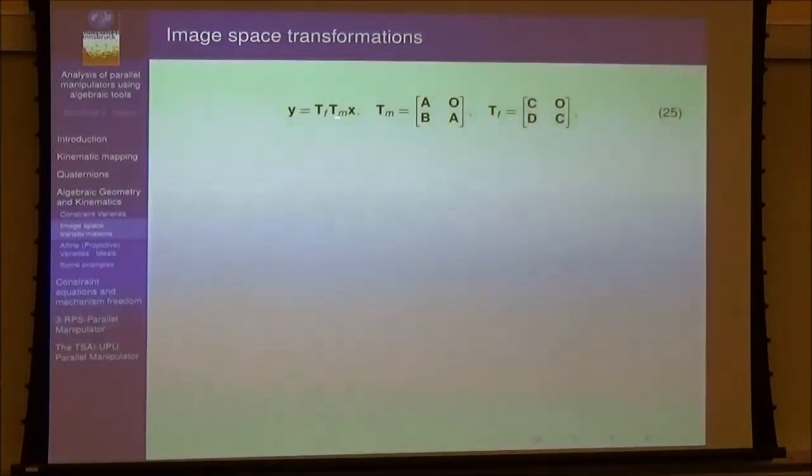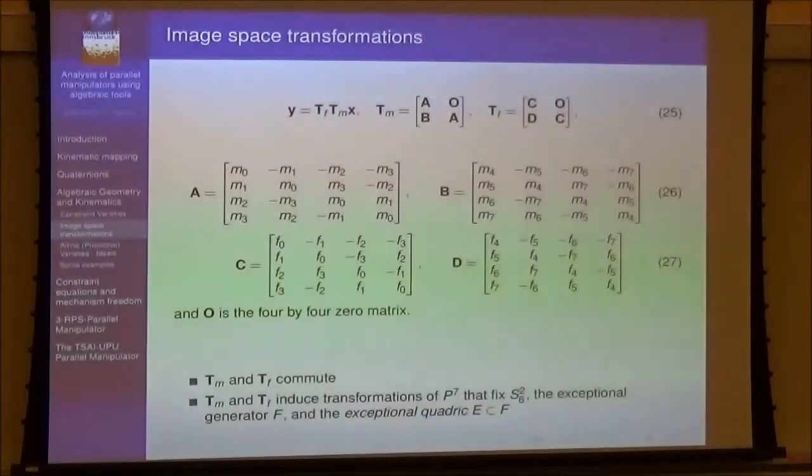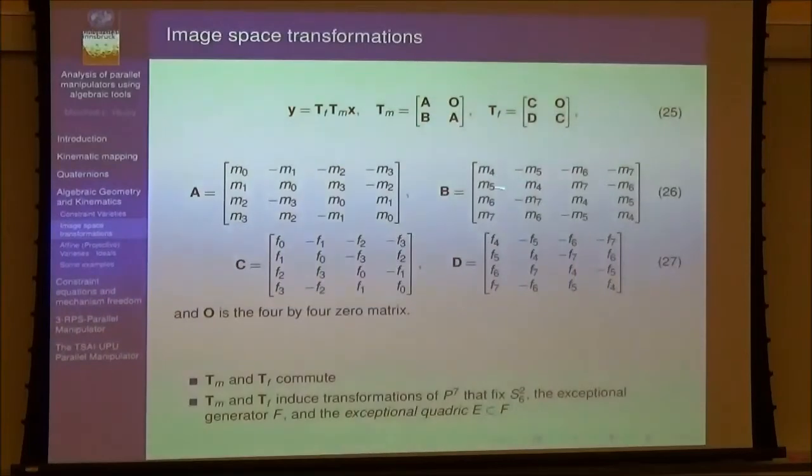And you have both transformations. They look like this. If you write it out, these are the quaternion entries, M0, M1, M2, M3, and so on, 4, 5, 6, 7, and as you can see, we start with 0, so you have a 7 here.